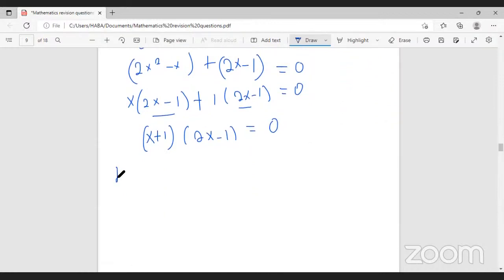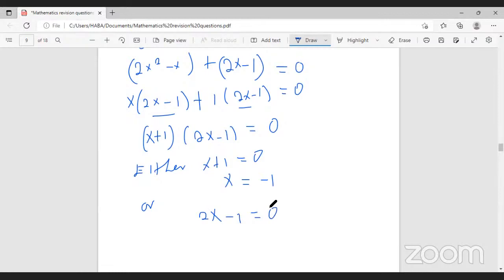And then we say either x plus 1 is equal to 0, and here x will be equal to negative 1, or 2x minus 1 is equal to 0.